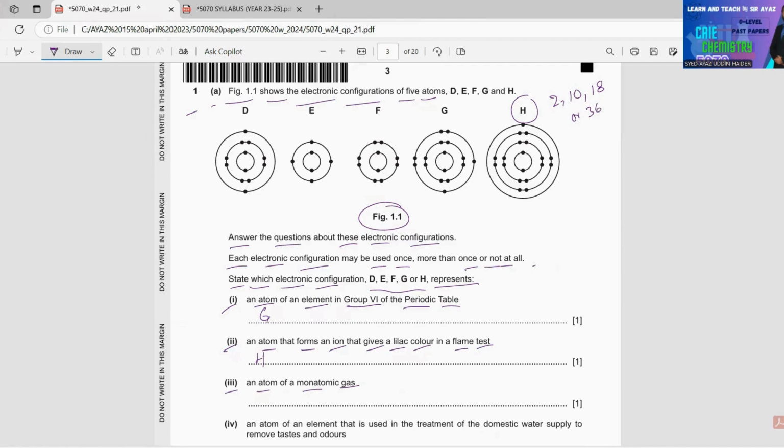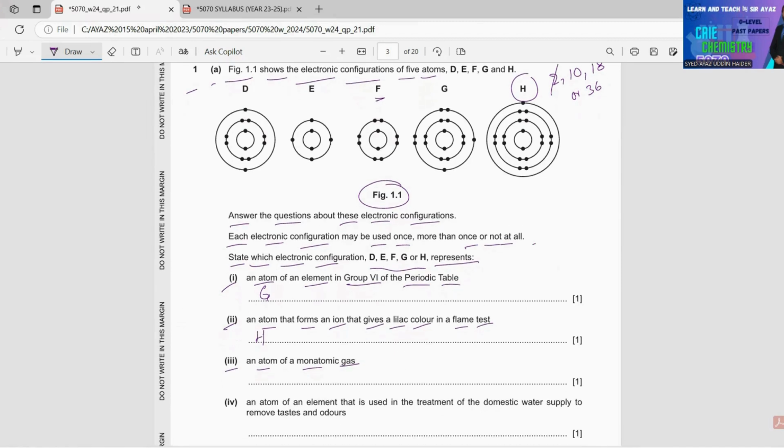We don't see any atom with only 1 shell, because in the first shell you will have 2 electrons. So we can't have 2. What about 10? I can see F having 10 electrons, which means F must be the element from group 8. So it must be an atom of a monatomic gas. F is the final answer for this one.